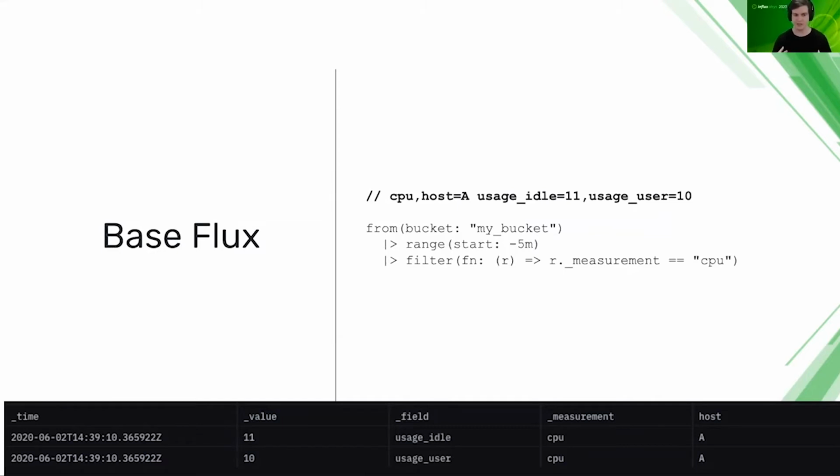If I run this base Flux query for the CPU measurement, like I have here, I get back this denormalized table. The thing I want to call out in particular is that, instead of there just being one single line of line protocol, I get two value records in a table, or two rows in a table, when I issue this query.